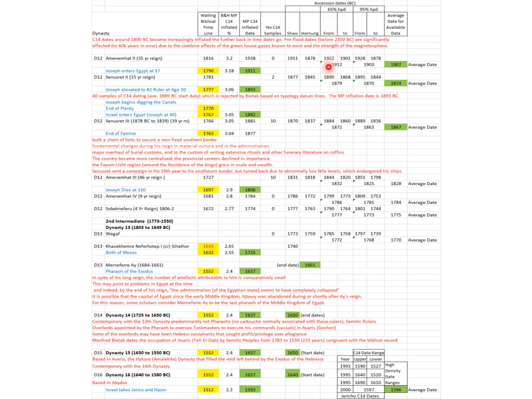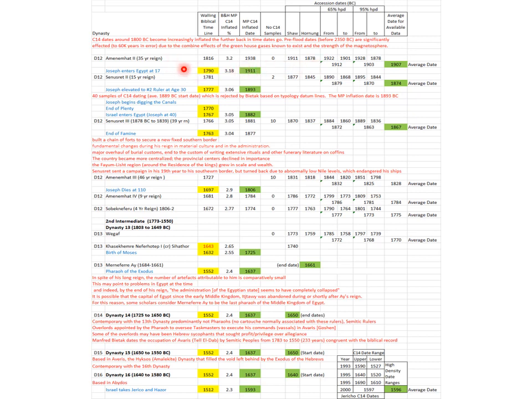It was from 1922 to 1901. That averages to 1912. The 95% HPD from 1928 to 1876 averages to 1903. And then I take those two and average to get an average date, an average carbon-14 date for that pharaoh. Okay, and that would be based on the start of their reigns here.